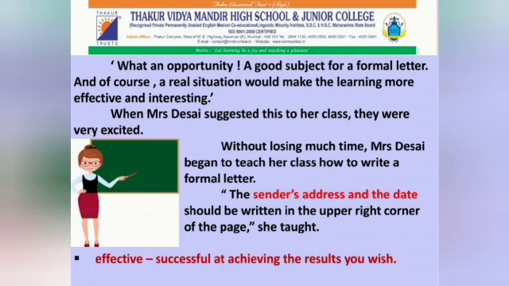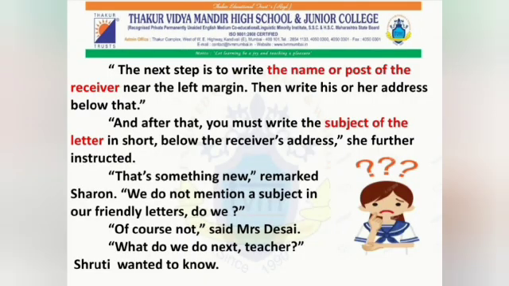Next paragraph. The sender's address and the date should be written in the upper right corner of the page. The first thing Mrs. Desai taught was to write the sender's address and date in the upper right corner of the page. The next step is to write the name or post of the receiver near the left margin. Then write his or her address below that.